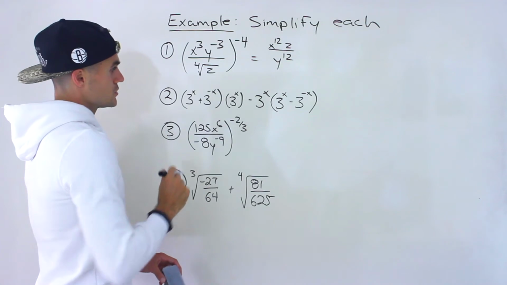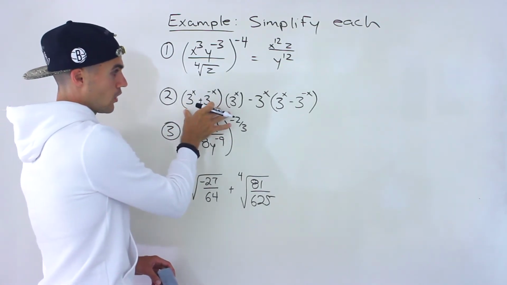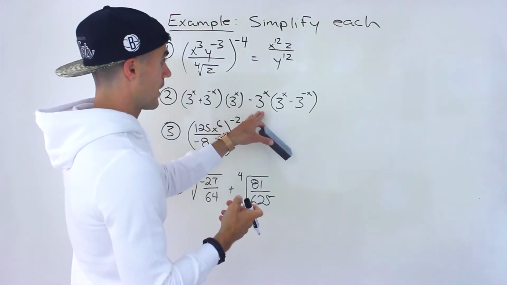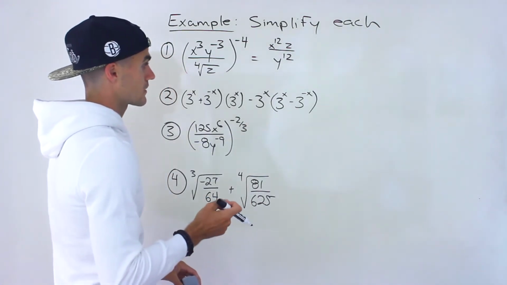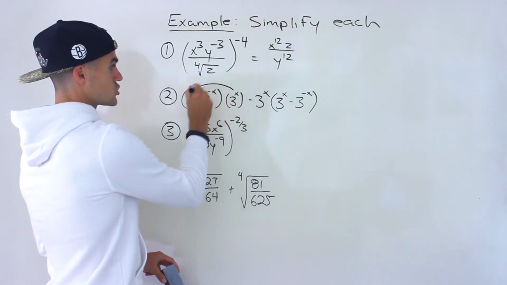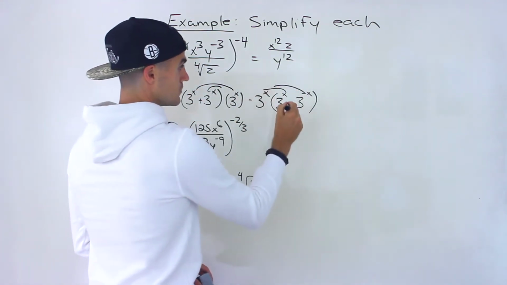Now moving on to number 2, we got 3 to the power x plus 3 to the power negative x. And then all of that's multiplied by 3 to the power of x minus 3 to the power of negative x. So here, what we can do is distribute this inside the bracket, and then distribute this inside the bracket.